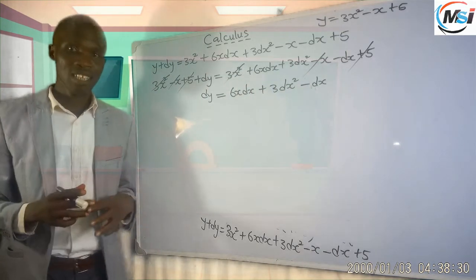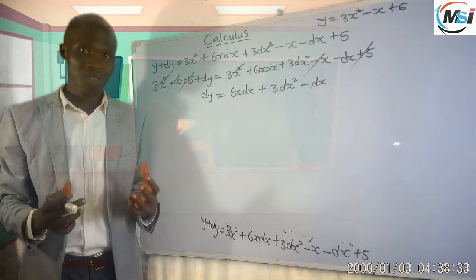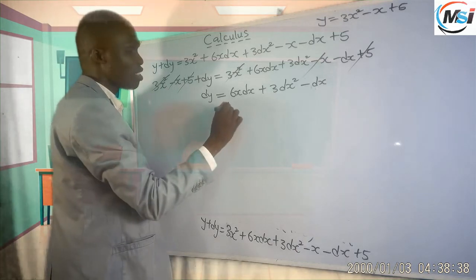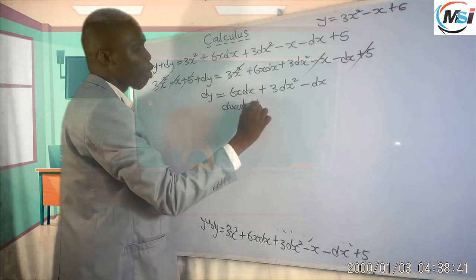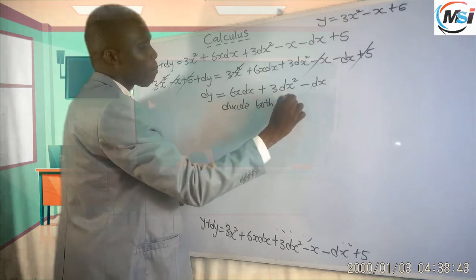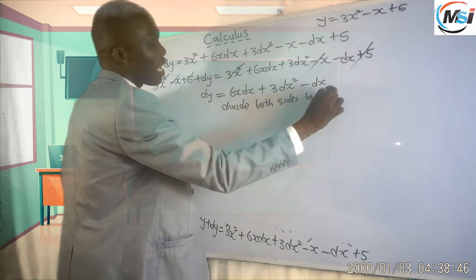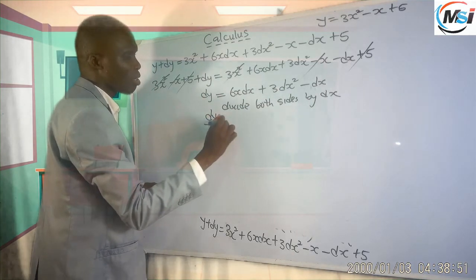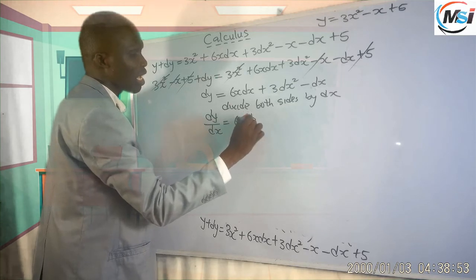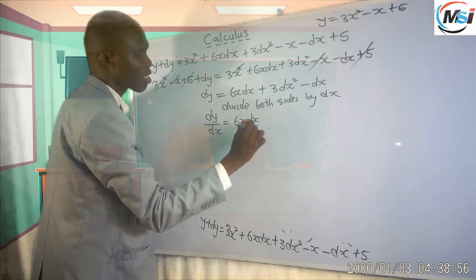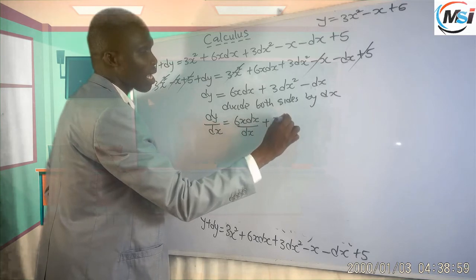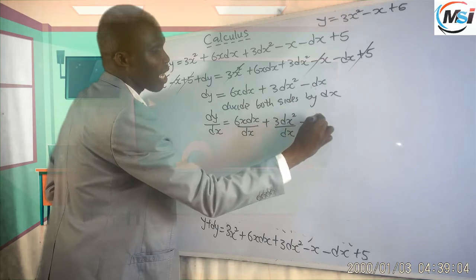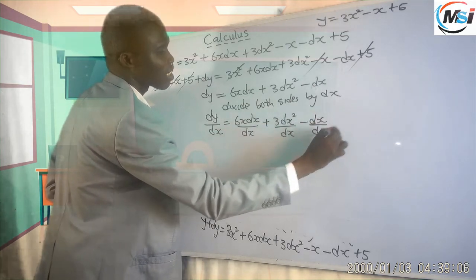Wow, this is getting interesting. You can do this. Just pay attention. So what are we going to do now? Divide both sides by dx. So dy all over dx will give us 6x dx all over dx plus 3 dx squared all over dx minus dx all over dx.